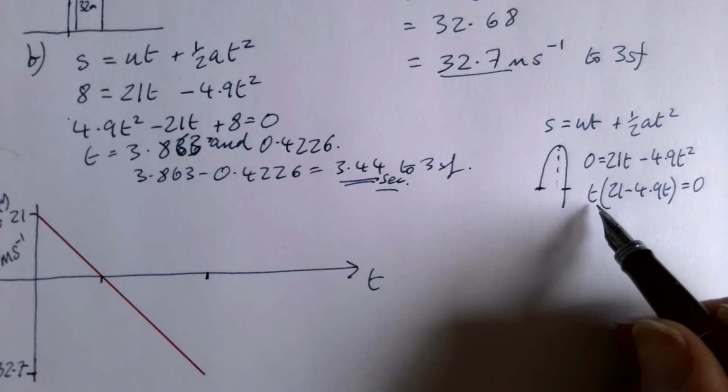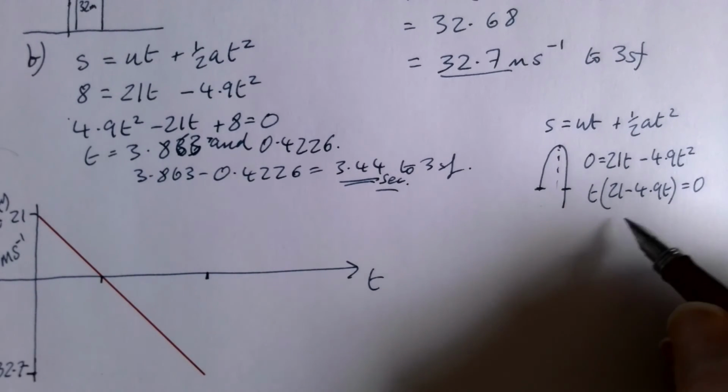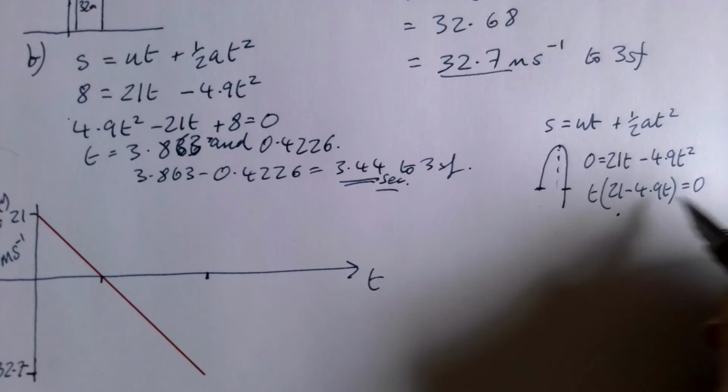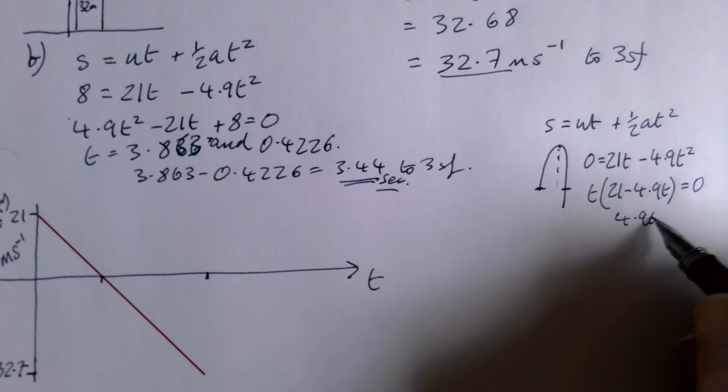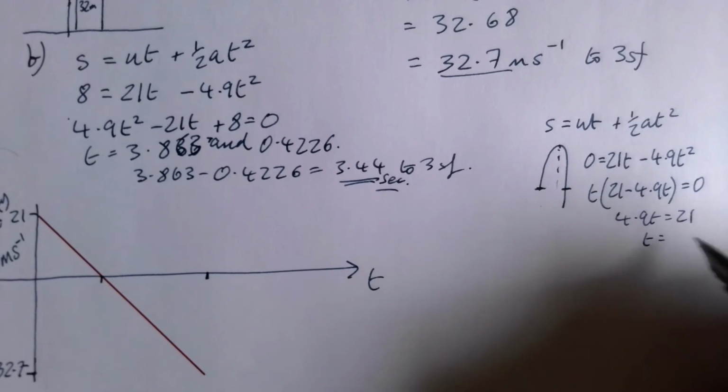So one time is at 0, and the other time is going to be when 4.9t equals 21, so t will be 21 over 4.9.